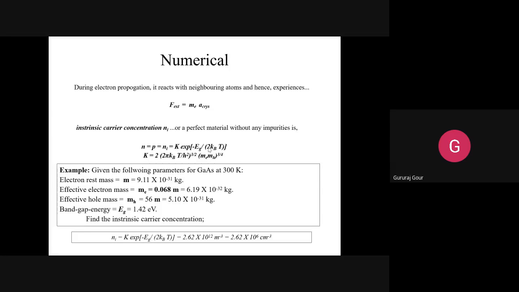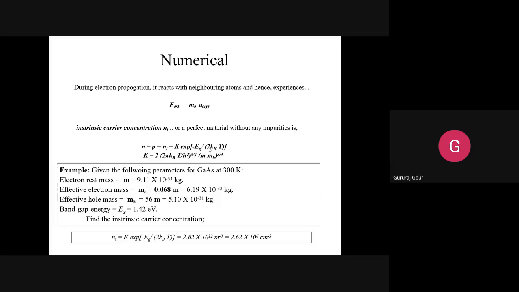Here Eg is the band gap energy, divided by the Boltzmann constant and the temperature. That's what we roughly indicated by 2 kBT in the last graph.